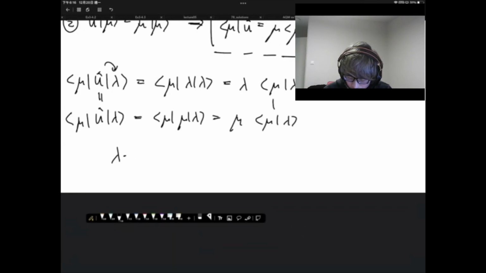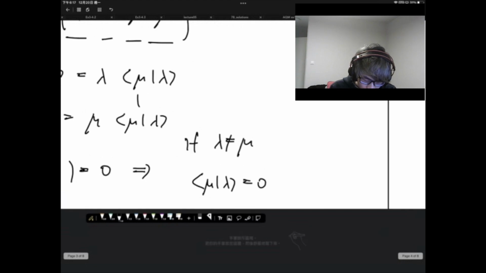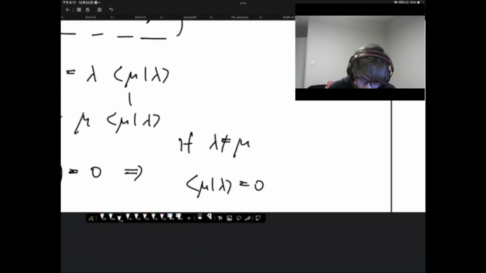So we have mu lambda as the inner product. Because they are equal to each other, now we subtract them, so we have lambda minus mu times the inner product of mu and lambda, which is equal to 0.